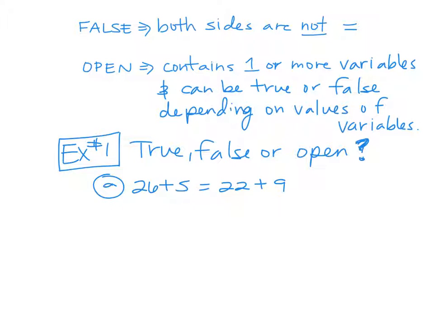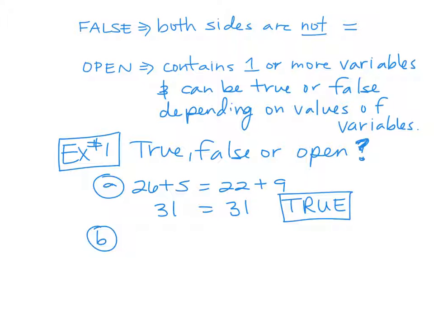What's 26 plus 5? 31. What's 22 plus 9? 31, right? So 31 equals 31. Is that true? Yes, so this is a true equation because the 2 sides equal each other.